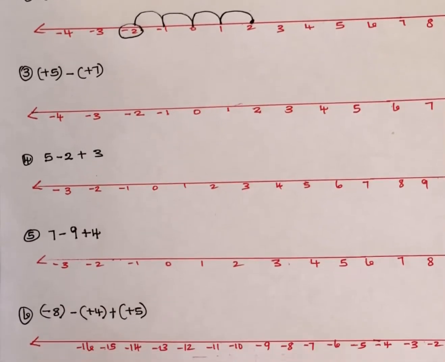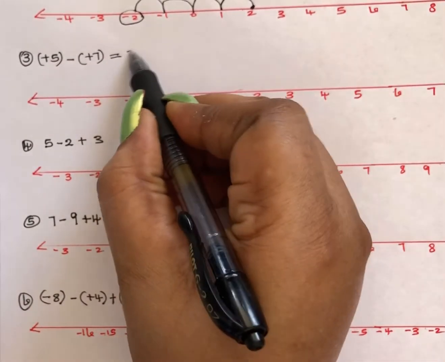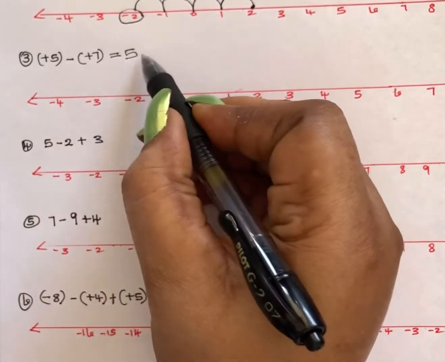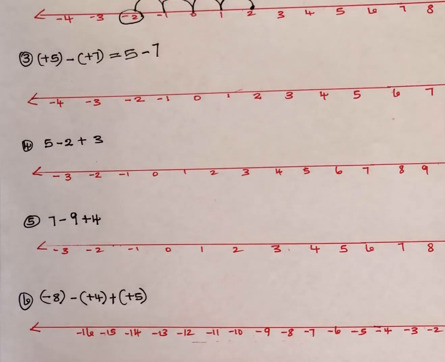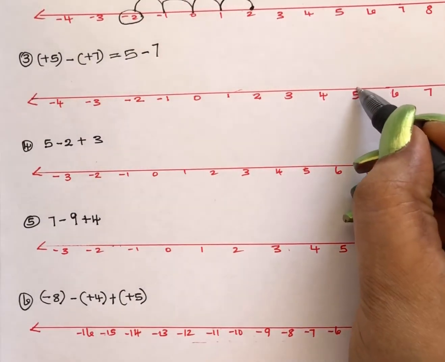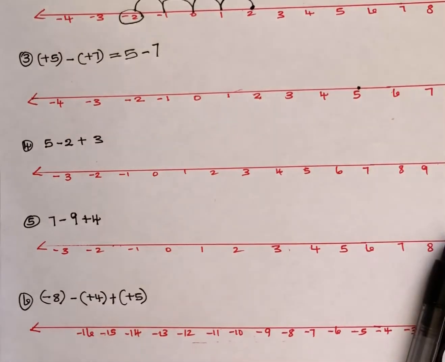We're still going. Number 3. We have our positive 5 and we want to subtract a positive 7. We start at 5. Because we are subtracting, we move to the left.